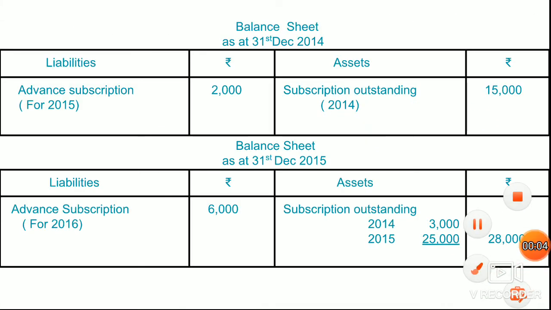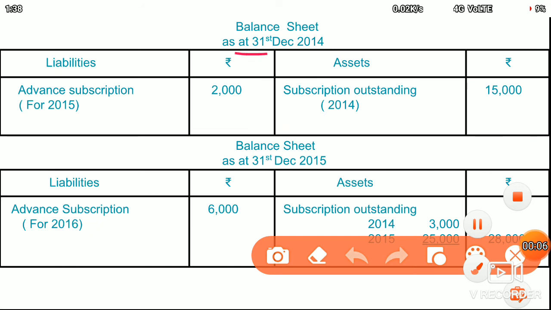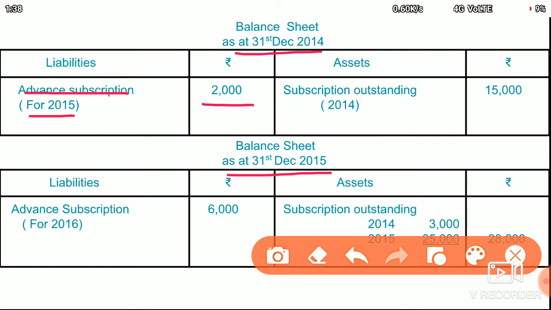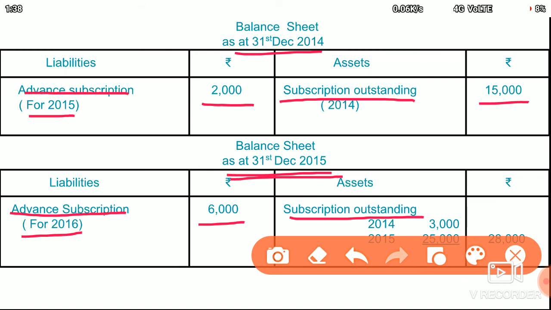Prepare the balance sheet of the 2 years, that is for the year ending 31st December 2014 and 31st December 2015. The advance subscription which was received in 2014 for 2015 will be a liability in the balance sheet of 2014, and the subscription outstanding for the year will be an asset. On the other hand, if we are preparing the balance sheet of 2015, the advance subscription which was received for 2016 will be a liability, and the subscription outstanding will be an asset.